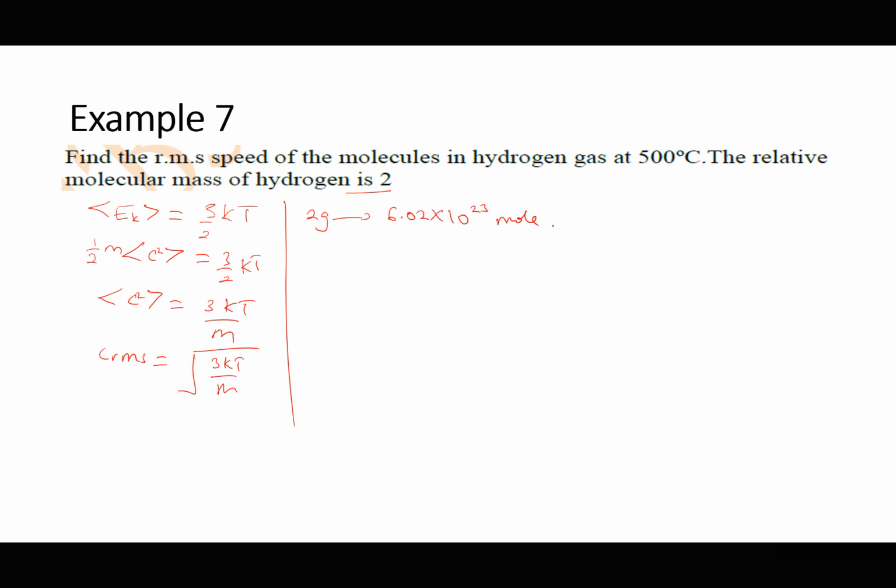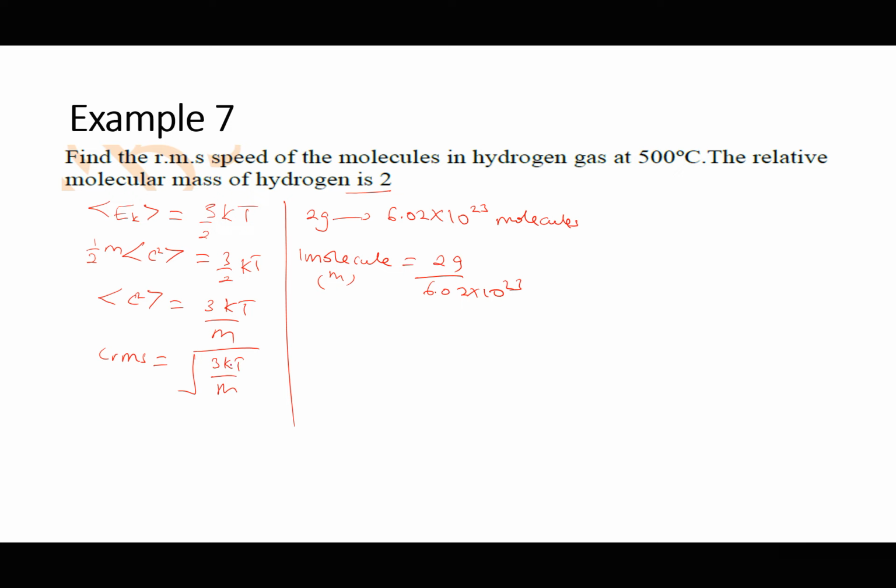That is Avogadro's number. So one molecule should have a mass of 2 grams divided by 6.02 times 10 power 23. That is just for one molecule. If you want to change it to kilograms, you multiply this by 10 power negative 3.